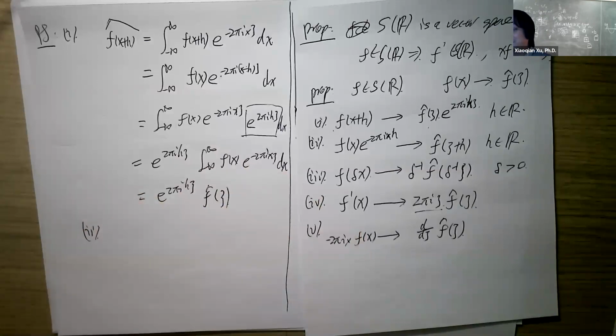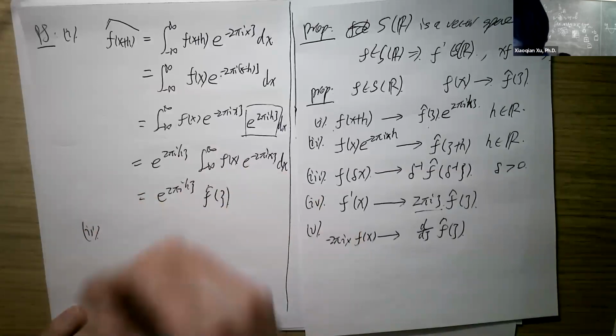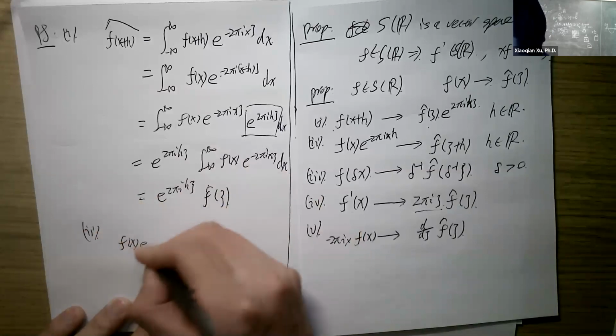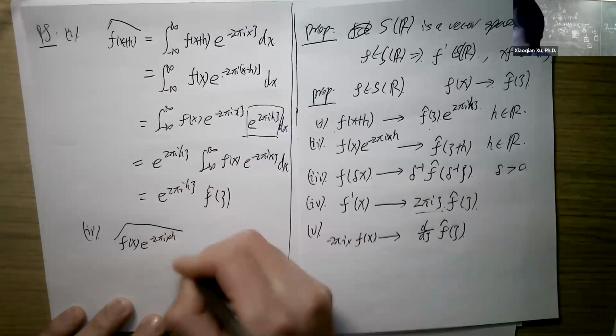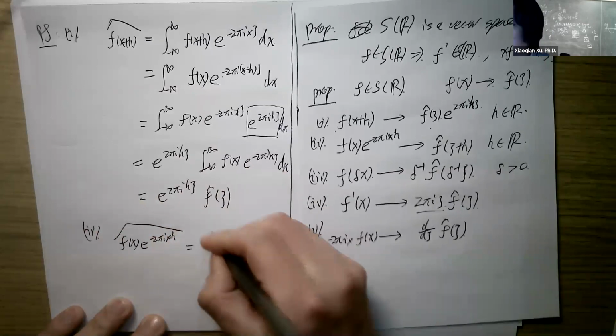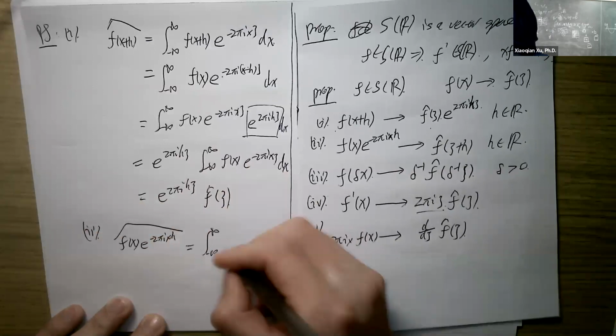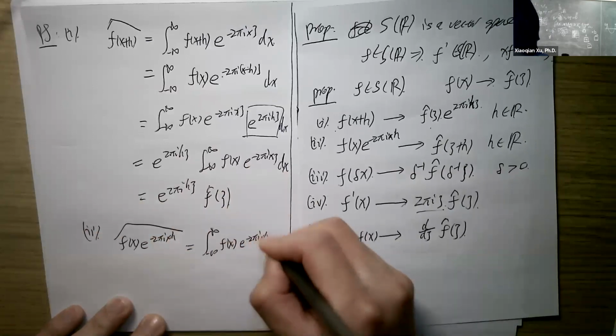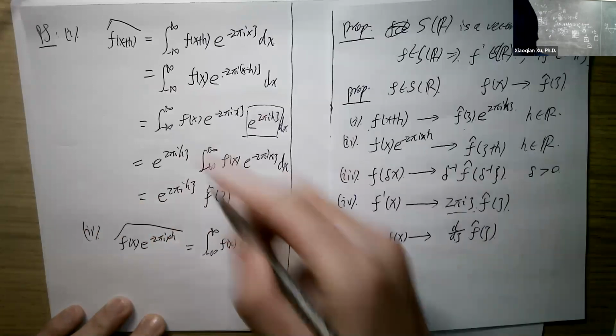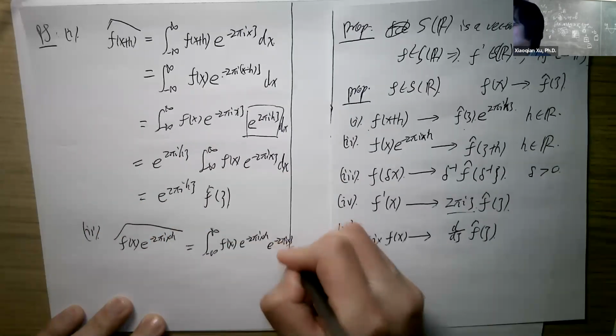The second one is similar. Your f(x) times e to the minus 2 pi i x h, you take the Fourier transform, is the integral from minus infinity to infinity of f(x) times e to the minus 2 pi i x h times e to the minus 2 pi i x c dx.